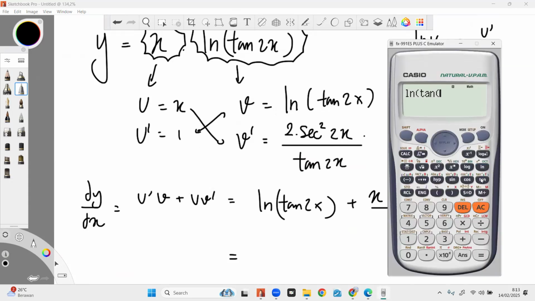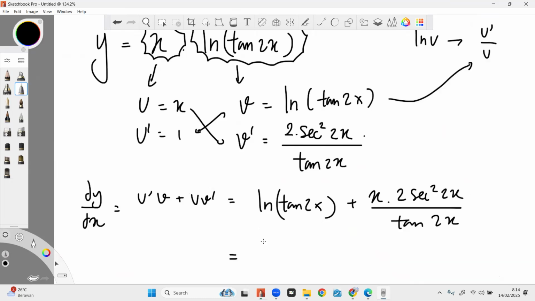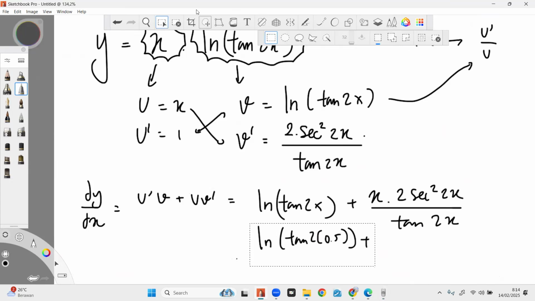ln tan. Oh, wait, what is the x? 0.5, yeah? Tan 1. 0.44. Okay, one more time. ln tan 2 times 0.5, right? Plus, wait, I will write a bit lower. Not enough space.